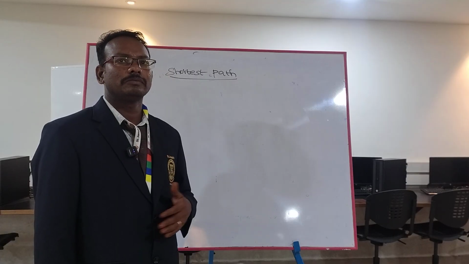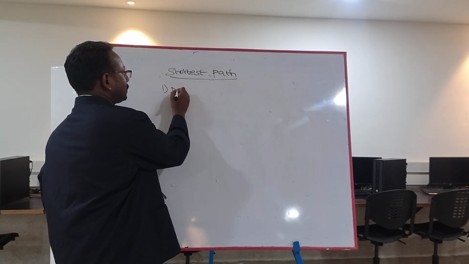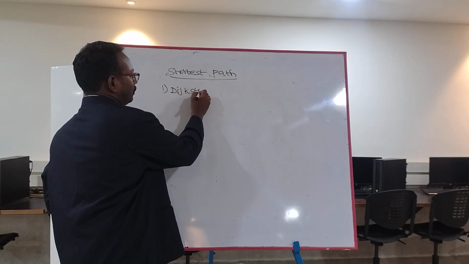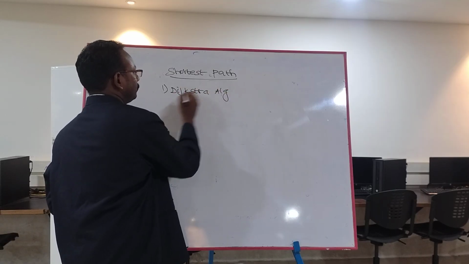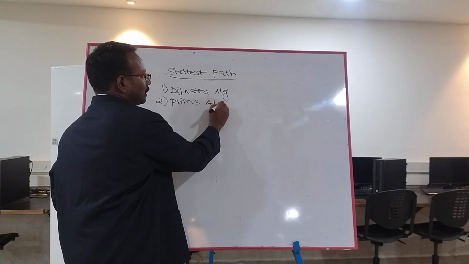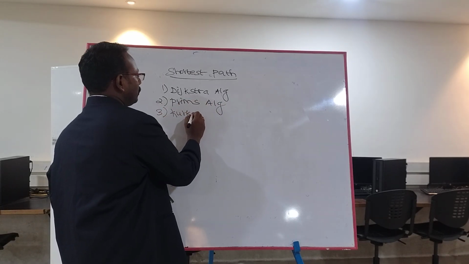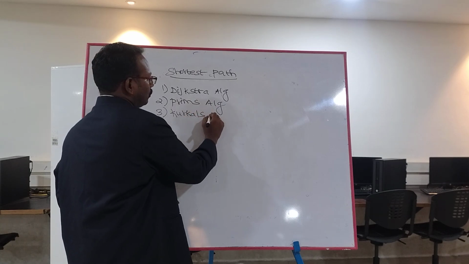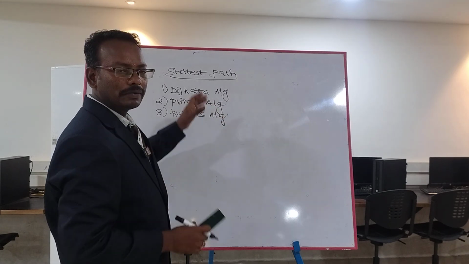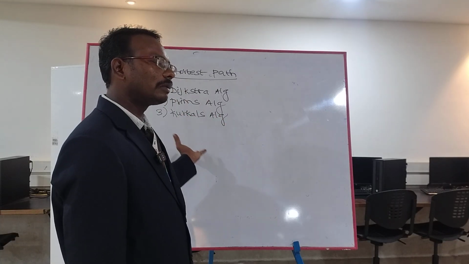To find the minimum value, there is Dijkstra's algorithm, Prim's algorithm, Kruskal's algorithm. These are the various algorithms used for finding the shortest path in the data set.